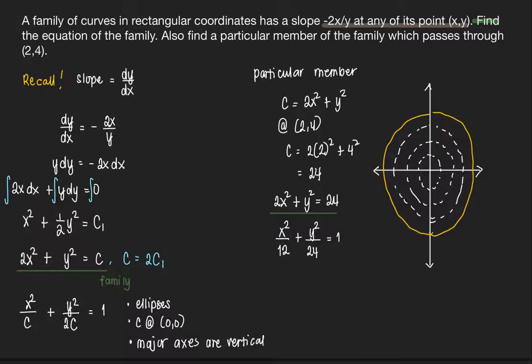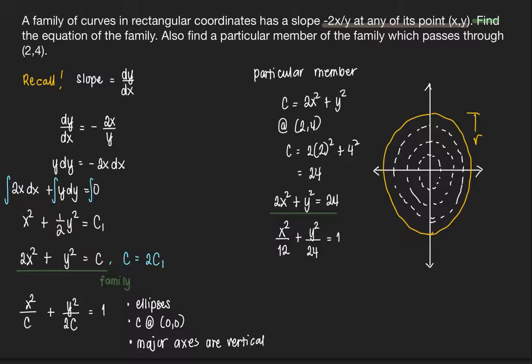If that is our ellipse, our A is square root of 24, it would be this distance. And our B, square root of 12, would be this distance right here. Okay, so those are the family of ellipses.